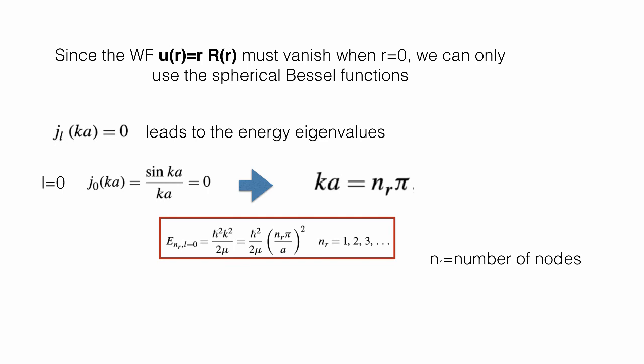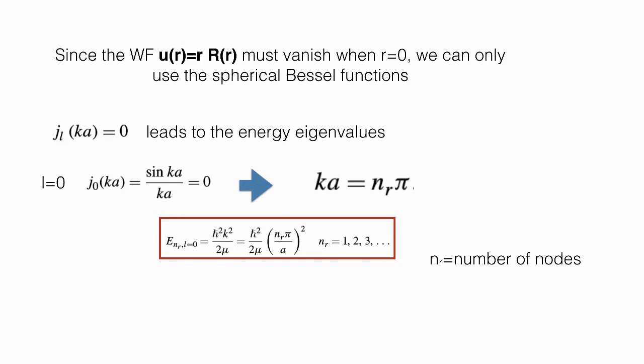A free particle solution would be h bar squared k squared over 2 mu, with k taking any value. But because the particle has to stay in the sphere, since the potential is infinite outside the sphere, only some values of the momentum are acceptable. This momentum will only accommodate the wave function inside the potential well.